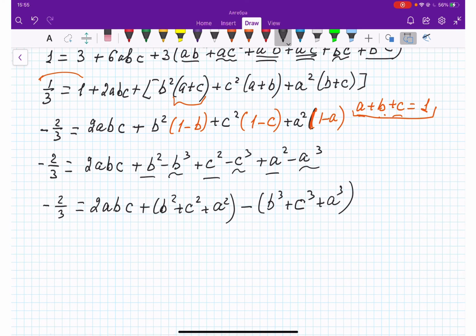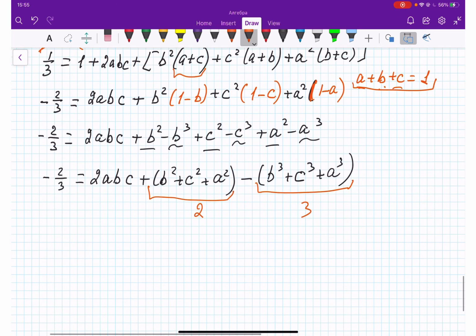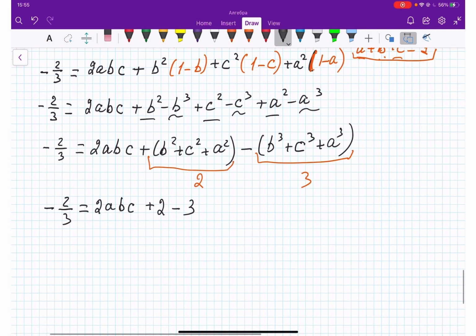And what do we have? This is 2, this is 3. See, I can now easily find 2abc. We have, excuse me, negative 2 over 3 is equal to 2abc plus 2 minus 3. Since it's going to be equal to negative 1, once I move over, it's going to be 1 minus 2/3 equal to 2abc, right?